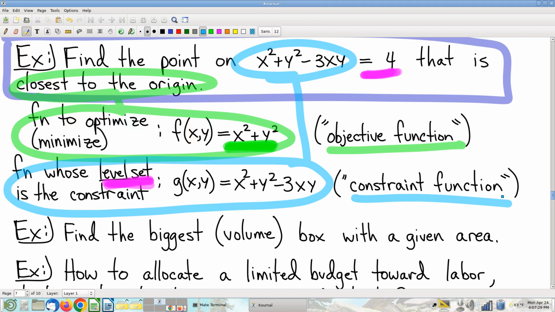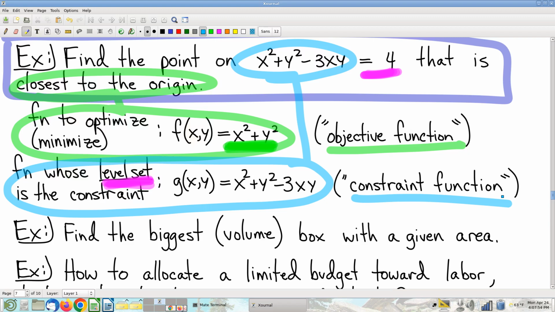Now, this arrangement where we understand the question, the objective and the constraint by way of each being represented by a function. Right? We need a specific function to optimize. We need a specific function whose level set, it's got to be a level set, is your constraint. That's how we're going to approach all of these constrained optimization problems.